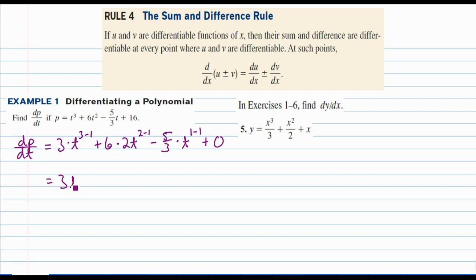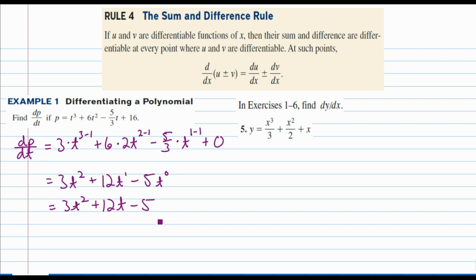So I have 3t squared plus 12t to the first minus 5t to the 0, and then plus 0, which I don't need to write. So really, I just have 3t squared plus 12t minus 5.